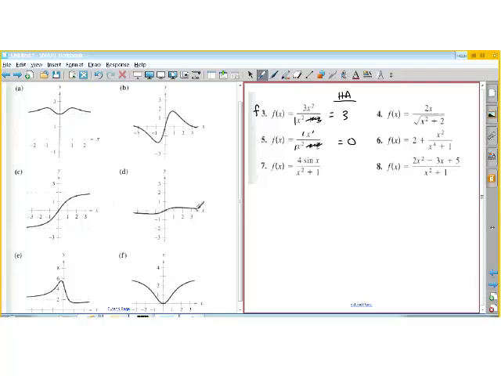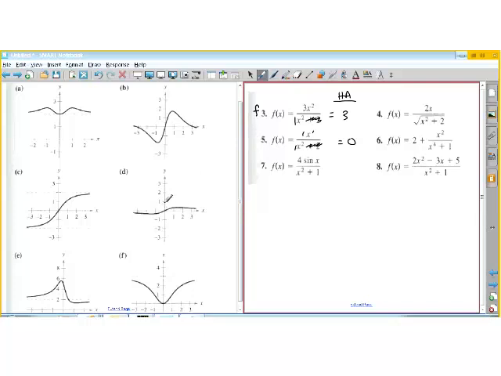So how many do we have here that have 0 horizontal asymptotes? This one does, and this one does. They both also have a value of the function of 0 at x equals 0. So it could be either b or d. Which one would it be? Well, let's just write b or d right now.